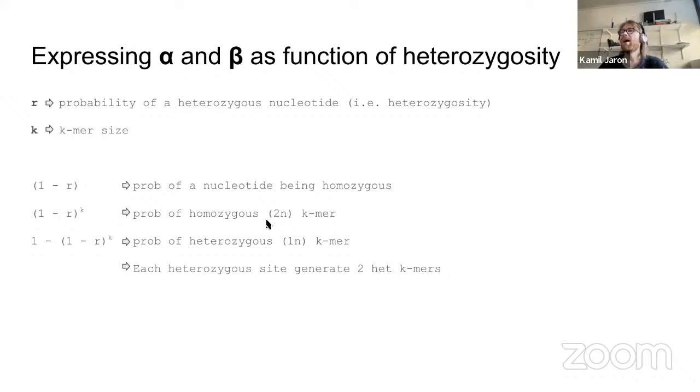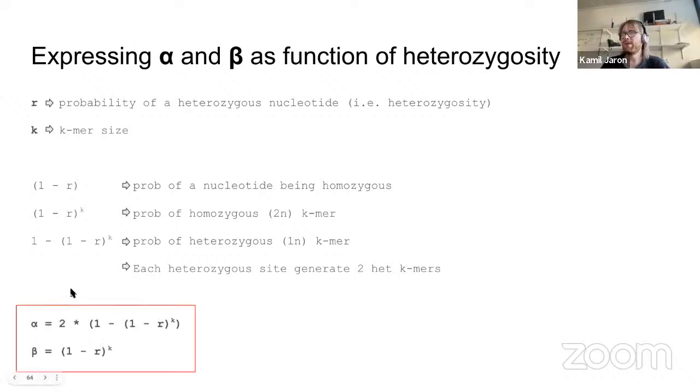Okay? And if you do 1 minus that, you will get the probability of heterozygous k-mers, but because each heterozygous site will generate 2 heterozygous k-mers, you will multiply it by a factor of 2. So if you replace alpha by this term and beta by this term, first of all, you will reduce the number of parameters by 1 again, but also you will estimate r, which is your estimate of heterozygosity.